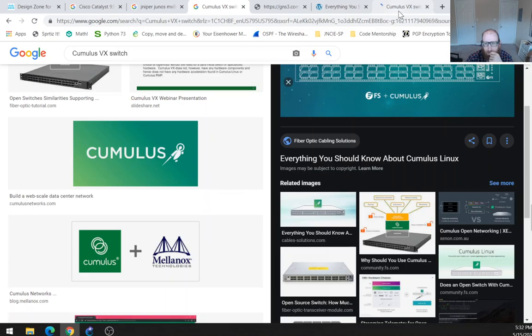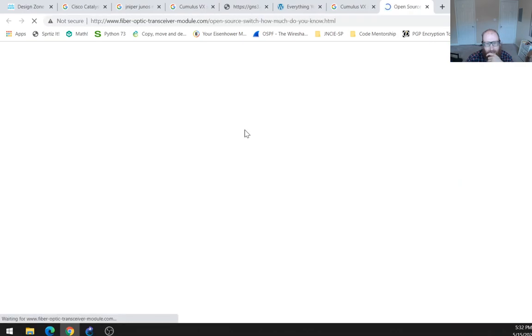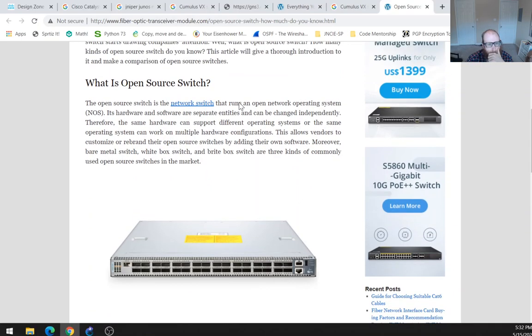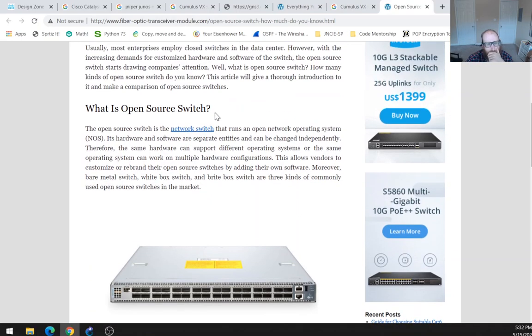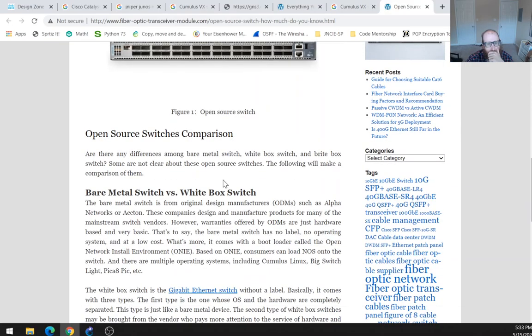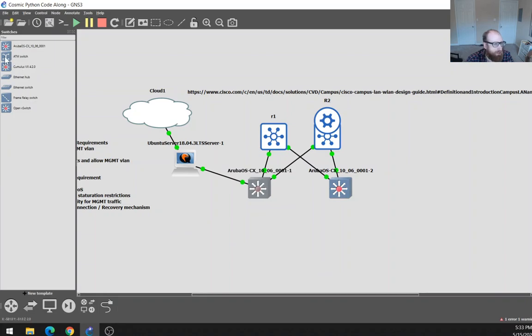Oh, never mind. Actually, it looks like... It's an open source switch, so you can... Okay, yeah, let's go with that, because that's used for an open source switch. So that's pretty much what we're looking for.